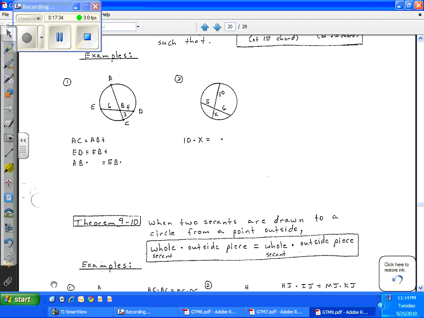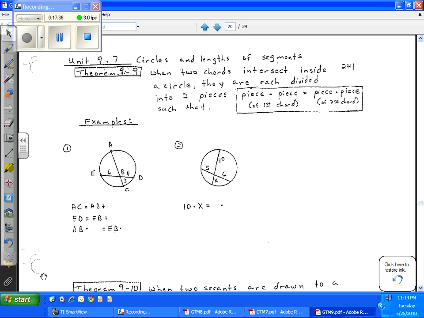So here's what we've learned so far. We said if two chords intersect inside a circle, then the product of the segments of one chord is equal to the product of the segments of the other. In the common sense language, we put it on the board, or in the notes, we said piece times piece of the first chord is equal to piece times piece of the second. The fancy way: the product of the segments of the first chord is equal to the product of the segments of the other.